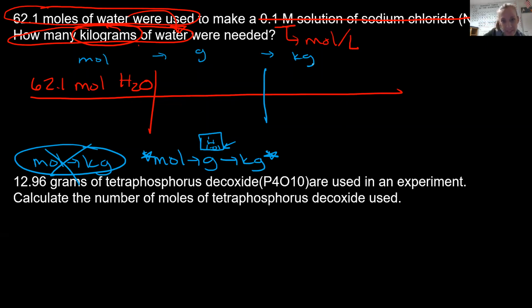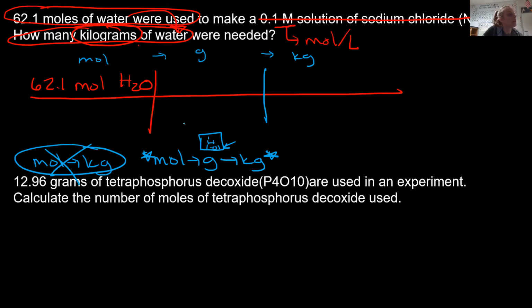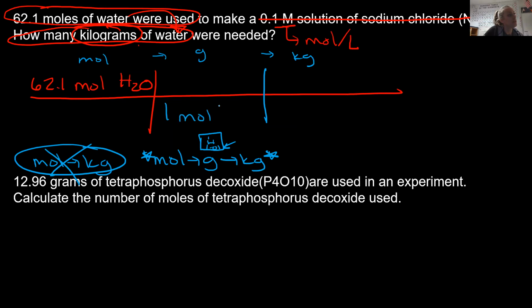Does that make sense? So for every 1 mole of H2O, how do I tell how many grams I need? Ethan, how do I get to the number of grams in water for every 1 mole? You find the molecular mass of water. Yeah, so H2O is going to equal 2 H's plus 1 O, right?